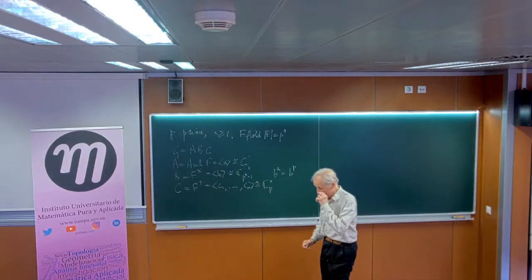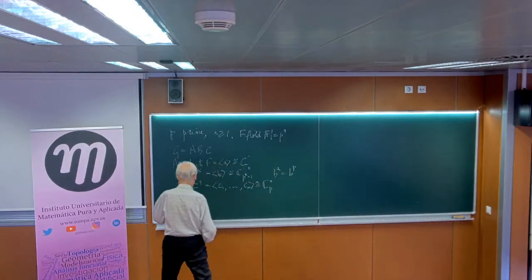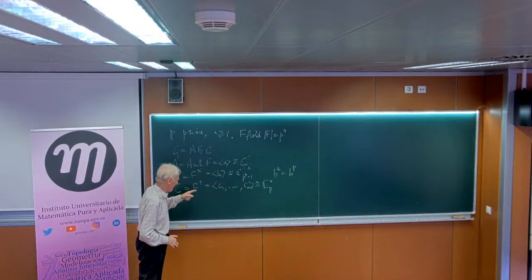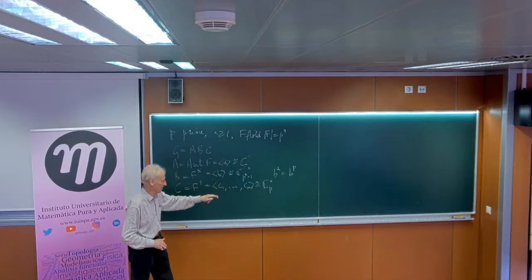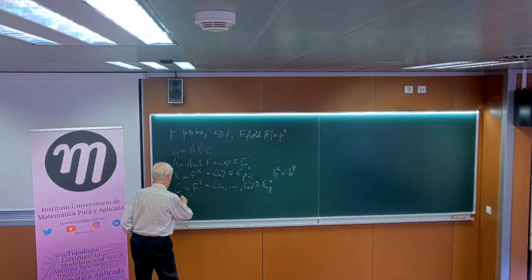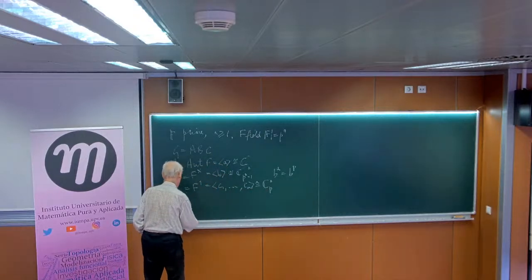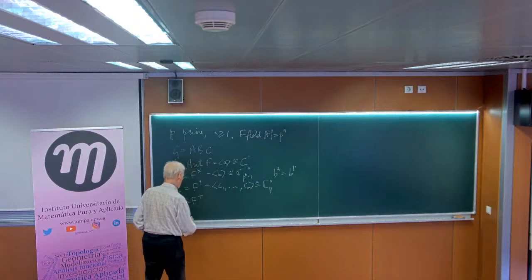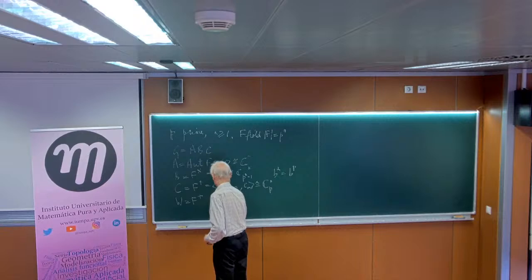This is C, which I should probably not use very much. C is a multiplicative group, but it corresponds to what I call W, which is also the additive group of the field, but written additively.